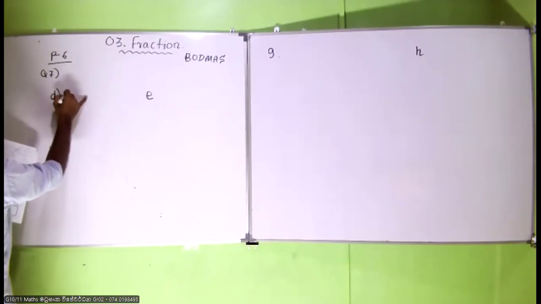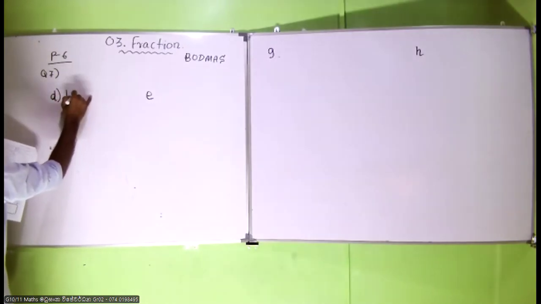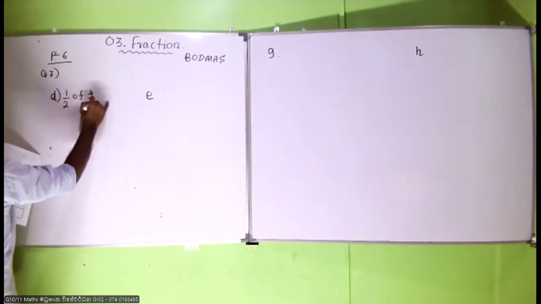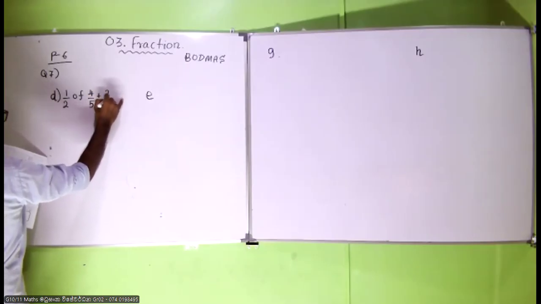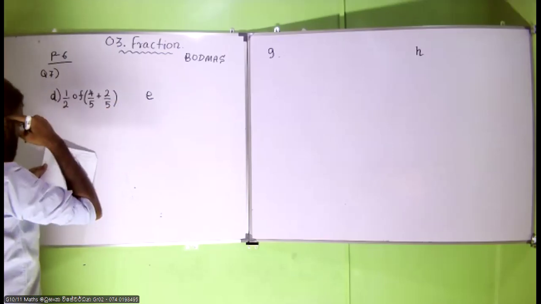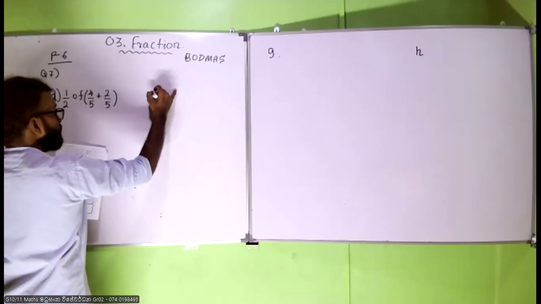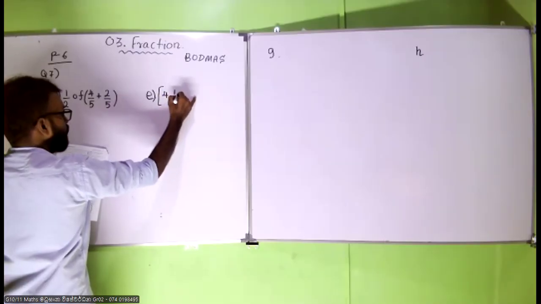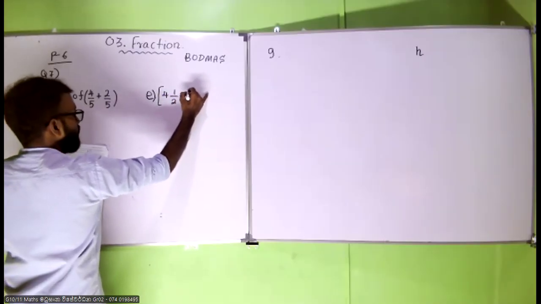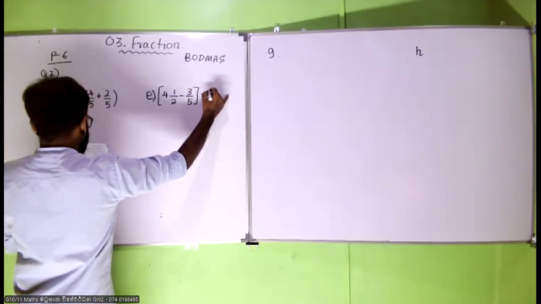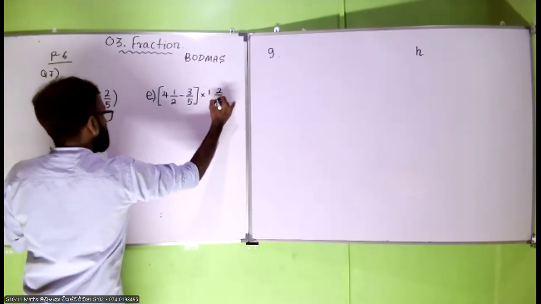Part D is 1/2 of 4/5 plus 2/5. Part E, inside bracket 4 and 1/2 minus 3/5 close bracket multiply 1 and 2/3.